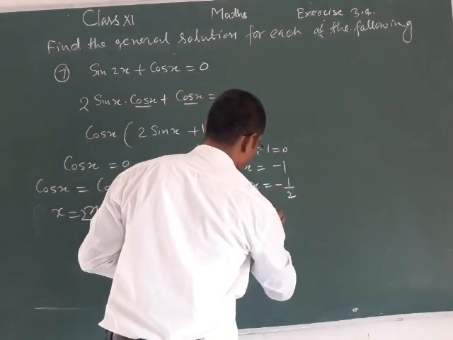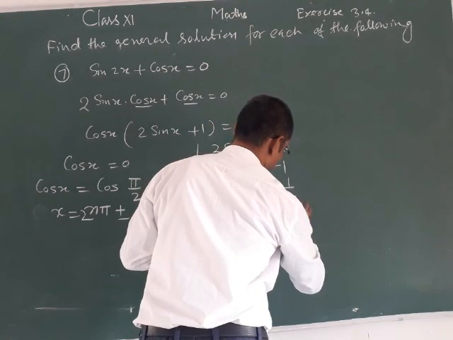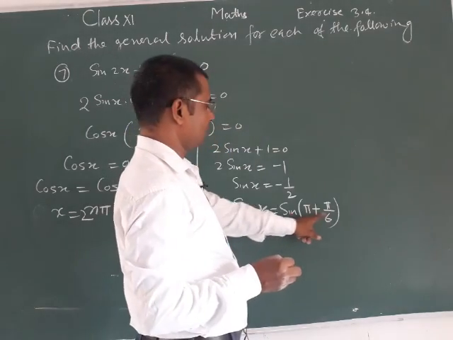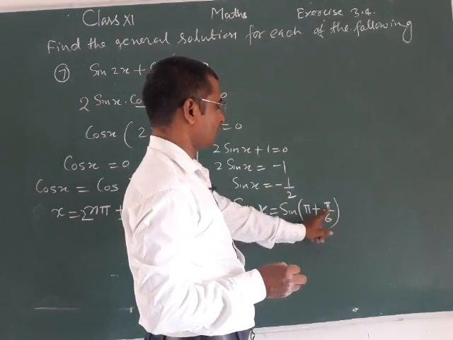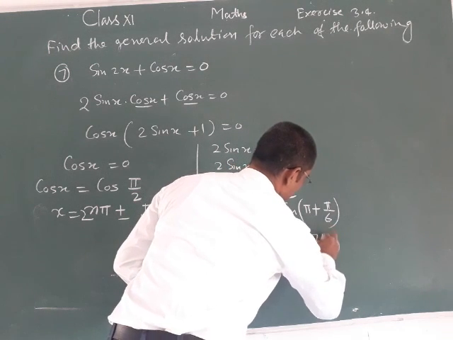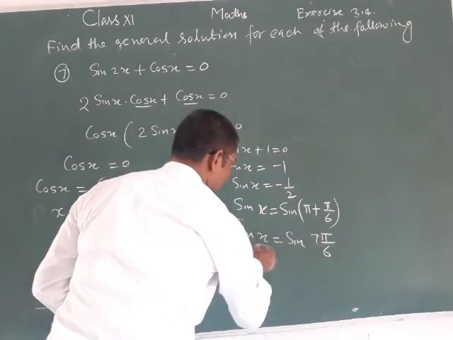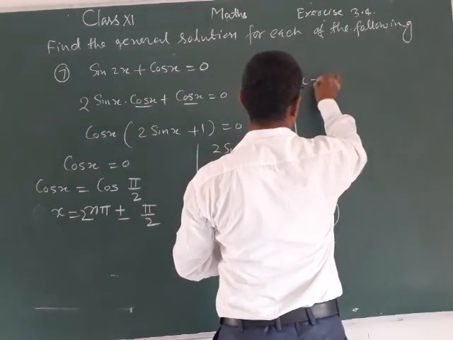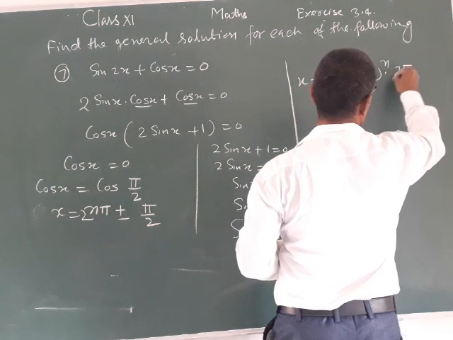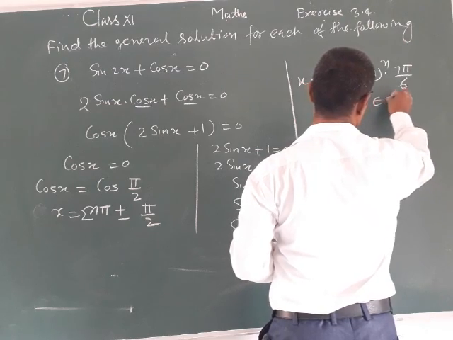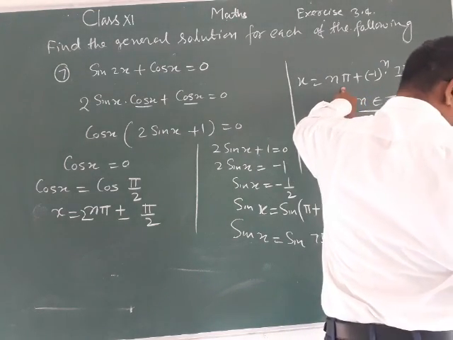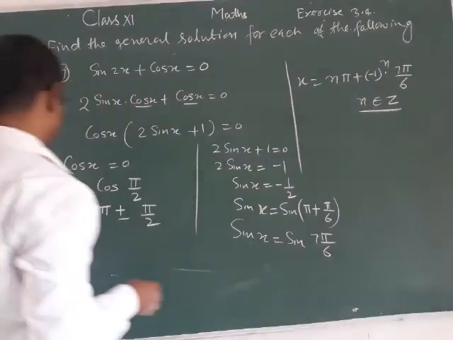So sin x is equal to sin 7 pi by 6. So the general solution of this: x is equal to n pi plus minus 1 to the power n into 7 pi by 6, and n belongs to z. That's all.